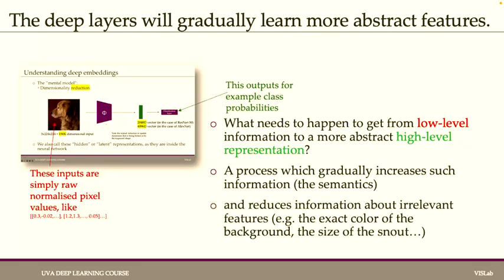And in so doing, it typically, or it naturally reduces the information that you don't need. For example, the exact color of the background, if you're training for object classification, or the exact size of the snout, for example. The presence of a snout will still be useful and is probably contained in that last deep embedding, but exactly the size is probably not necessary.